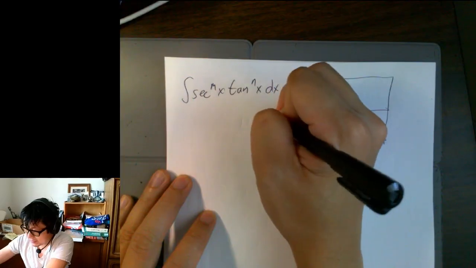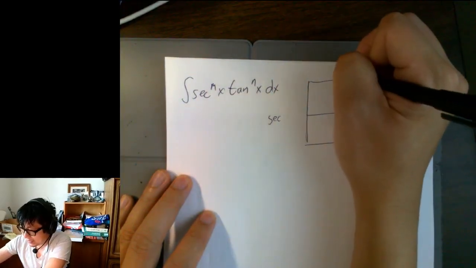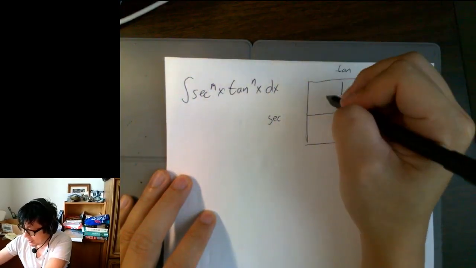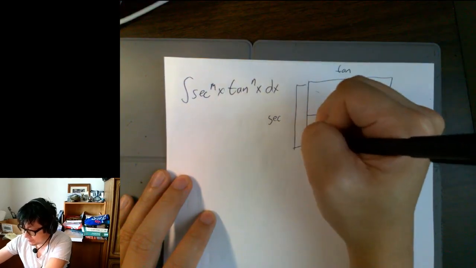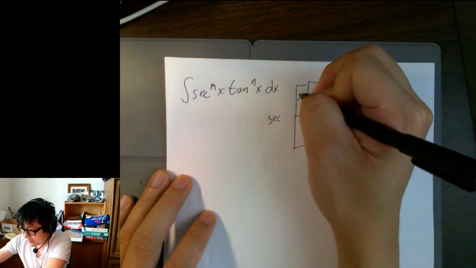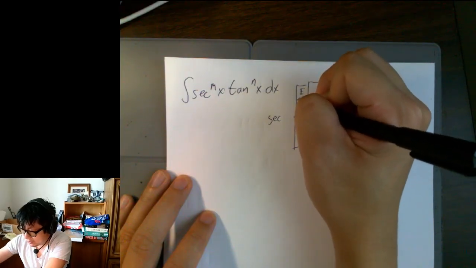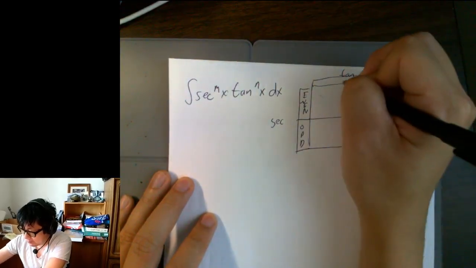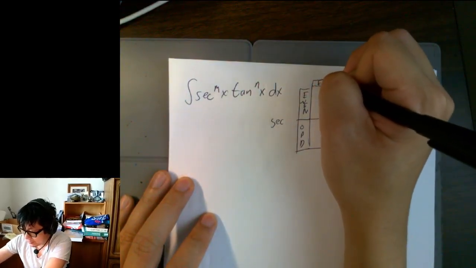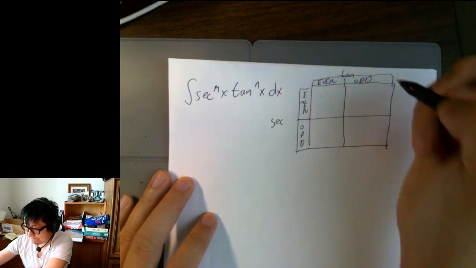Let's say this side is secant and this side is tangent. And let's say secant can either be even or odd power, and tangent could be either even or odd power.